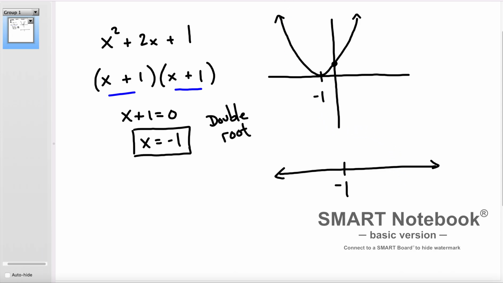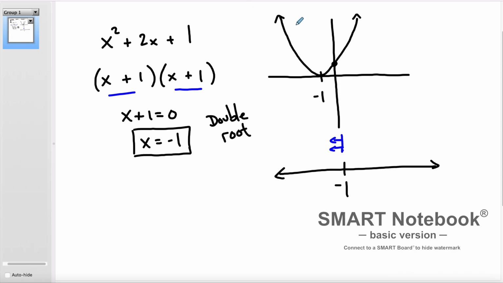And so we're curious. Everywhere to the left of this, for any input values to the left of -1, so less than -1, will the resulting function produce a positive answer or a negative answer?